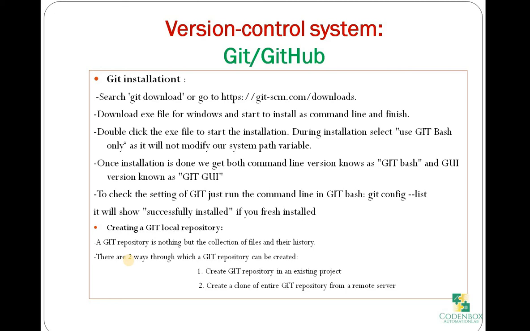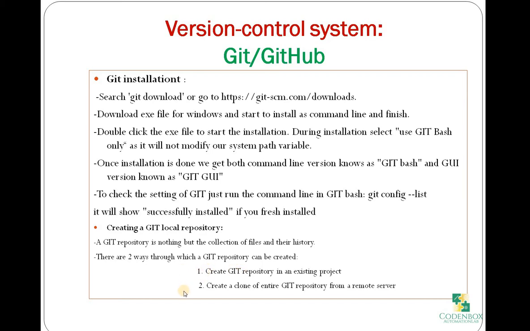There are two ways a Git repository can be created. Number one, create a Git repository in an existing project. Assume you already have an existing project on your local machine, then you need to store it in a central repository like GitHub. That time you can create a local repository for this specific existing project.